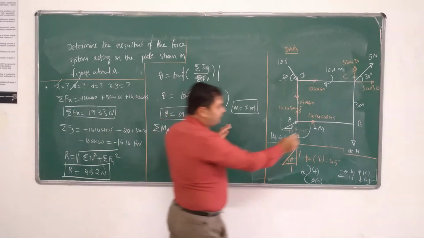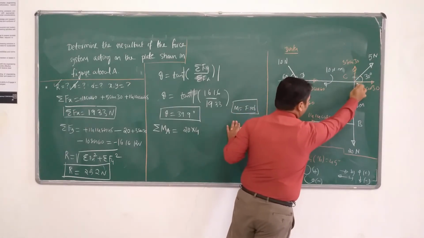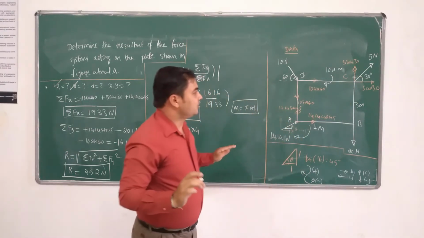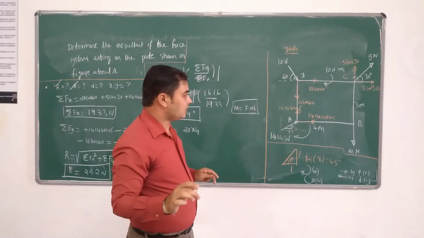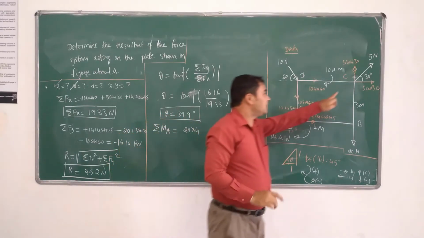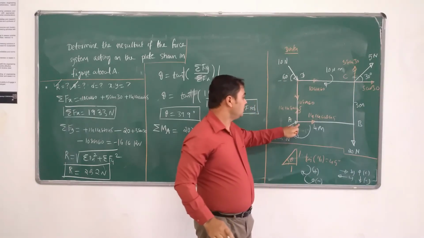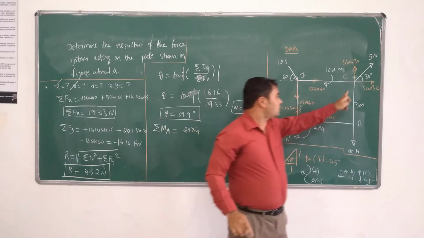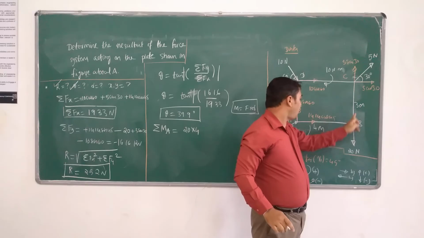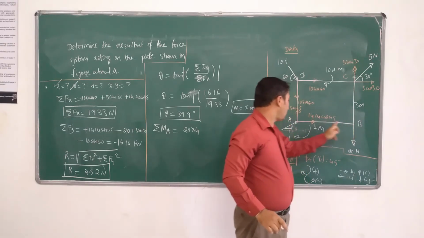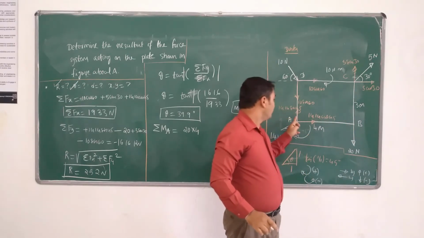Next, there are two forces here at the point C: 5 sin 30 and 5 cos 30. We have to consider the moment of both forces about the point A. If you project 5 sin 30 on the point A, we will have a perpendicular distance of 4 meter.